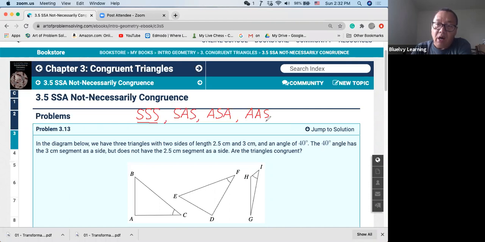Now we are asking a question. Is SSA also a theorem to guarantee 2 triangles are congruent? Okay, now let's see this example. Say here we have these 3 triangles.